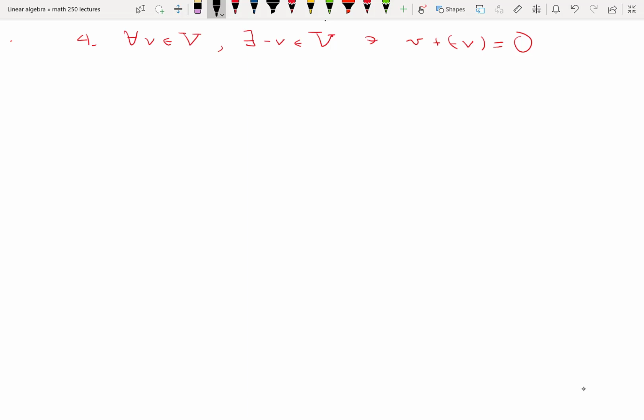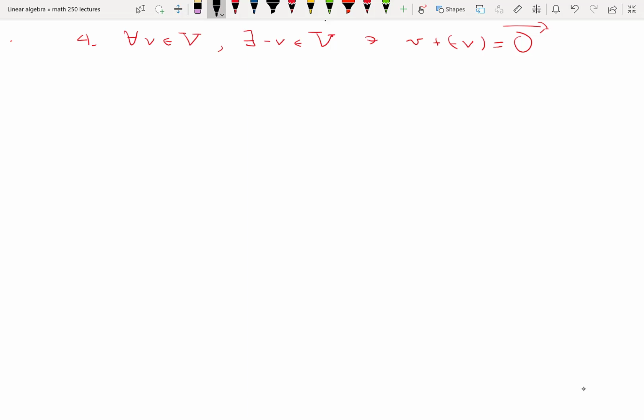In number 4, you need to come up with opposites of vectors. So for every v in the vector space, there exists an opposite. I have to find it such that v plus the opposite of v is 0. What kind of 0? This 0 means the zero vector. We don't have to write the arrow there, but we're doing it just for emphasis.